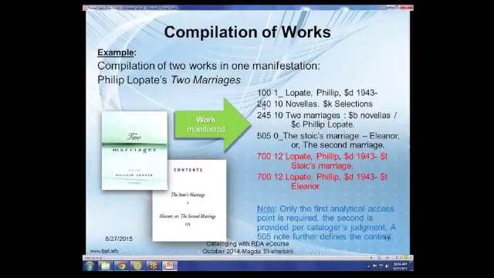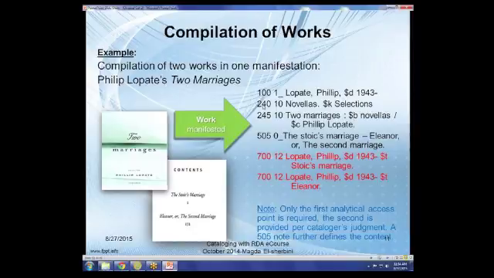Why is this? The reason is because Philip Lopate has written more than 2 novellas. Presumably, he's written a large number of novellas, and these novellas have been collected in different books with different titles.